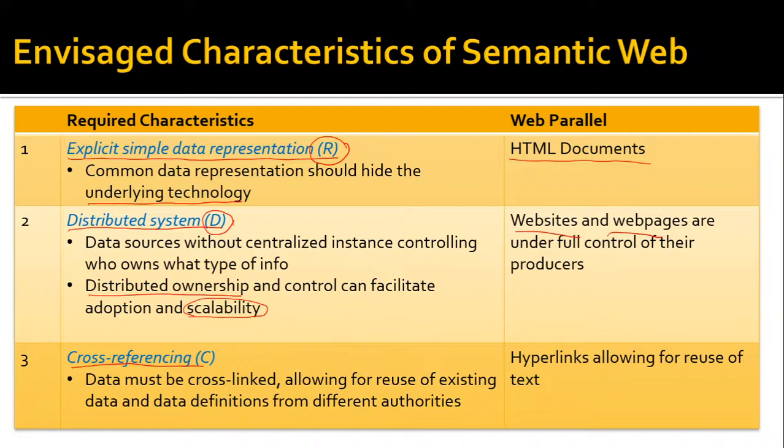So in short, we'll be able to cross-link one part of the data in one data source to another part of the data in another data source. And the web parallel of this is basically the hyperlink that you can create from one document to another document, right?